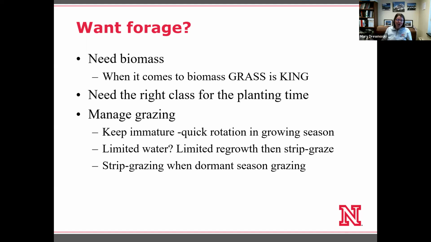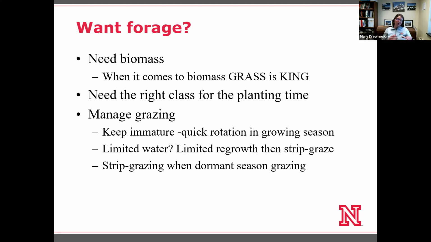Now, there are caveats to that. And one of those is in limited water situations where you may not get much regrowth potential. And if you have limited regrowth potential because of something like that, then thinking about allowing it to accumulate more biomass and strip grazing it may be the way to go.